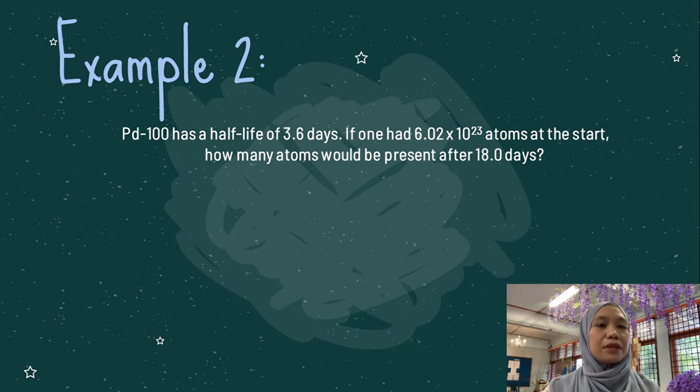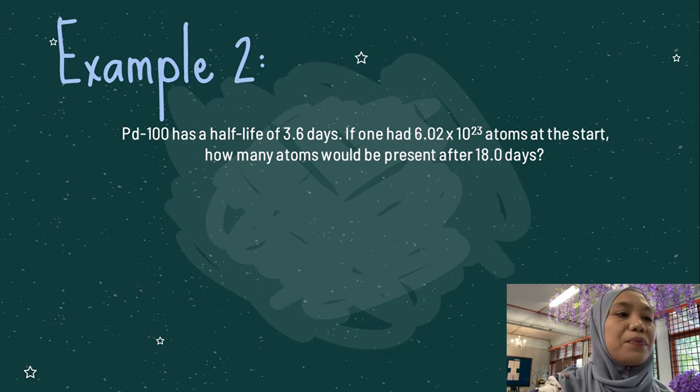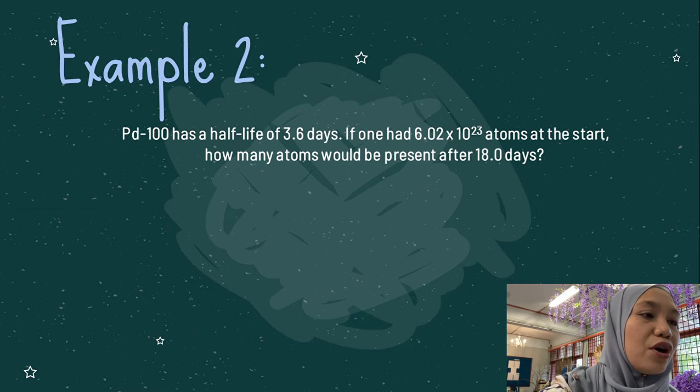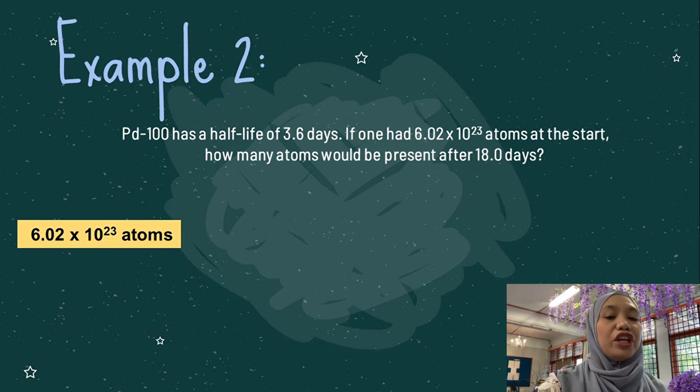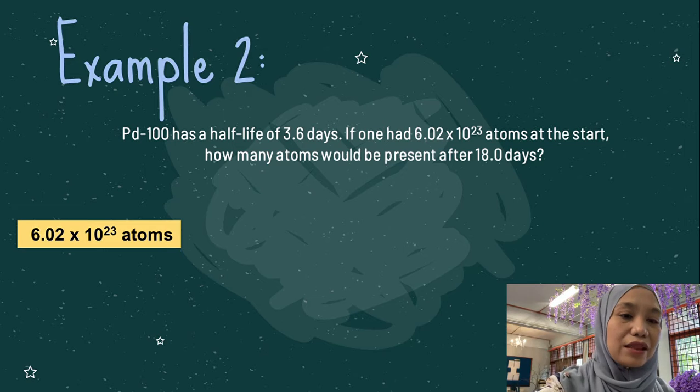Next, example 2. Palladium-100 has a half-life of 3.6 days. The previous question was in minutes, so this one is in days. If one had 6.02 times 10 power of 23 atoms at the start, how many atoms will be present after 80.0 days? Initially we have 6.02 times 10 power of 23 atoms.